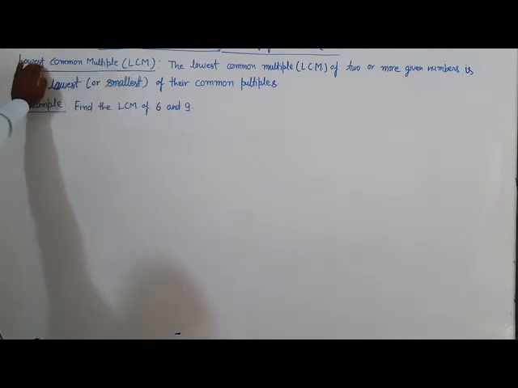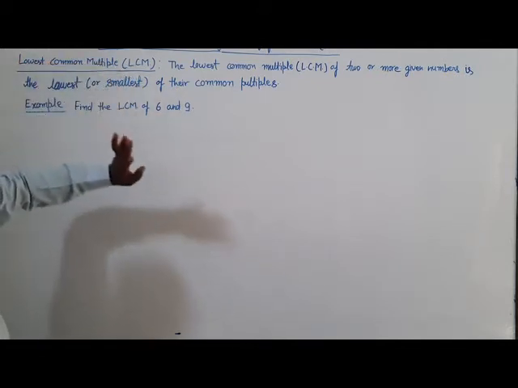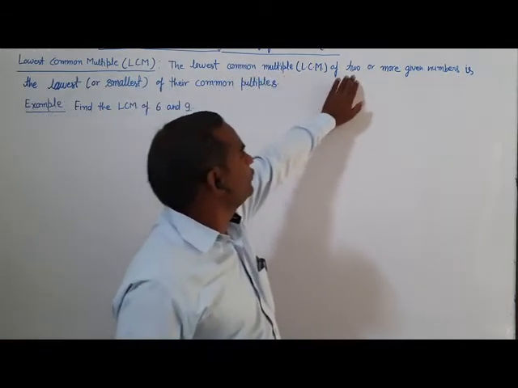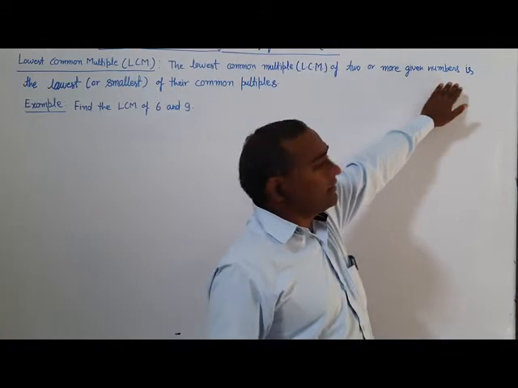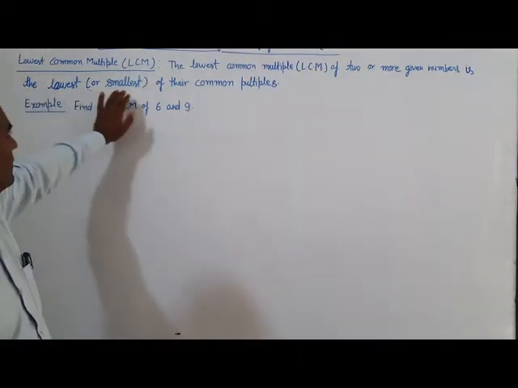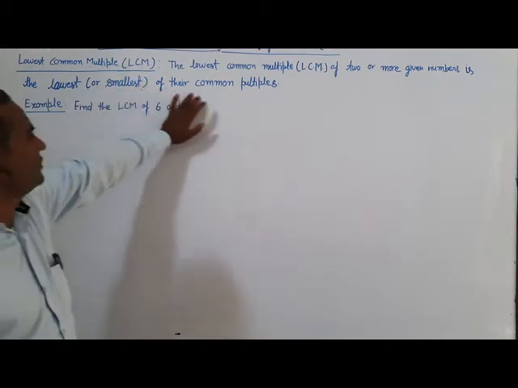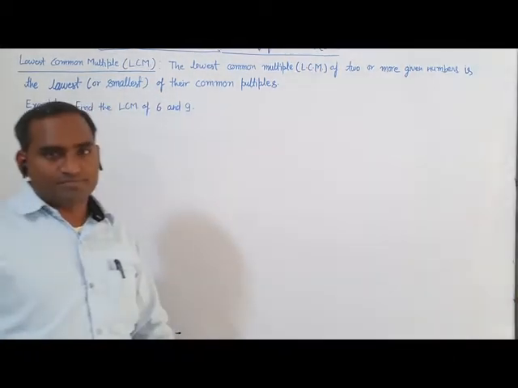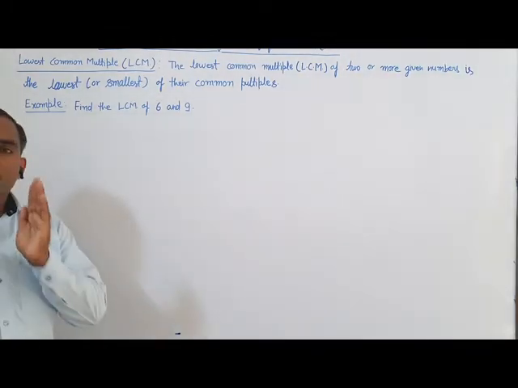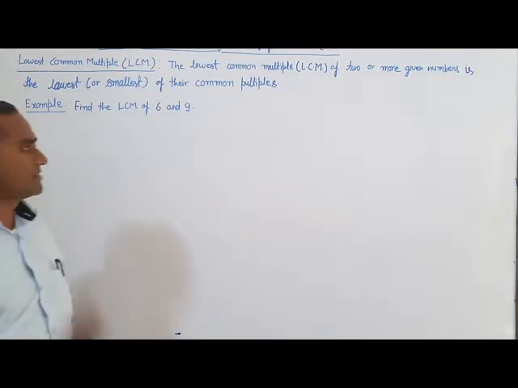LCM, lowest common multiple. The lowest common multiple of two or more given numbers is the lowest or smallest of their common multiples. First of all, you have to find the multiples of the given numbers.